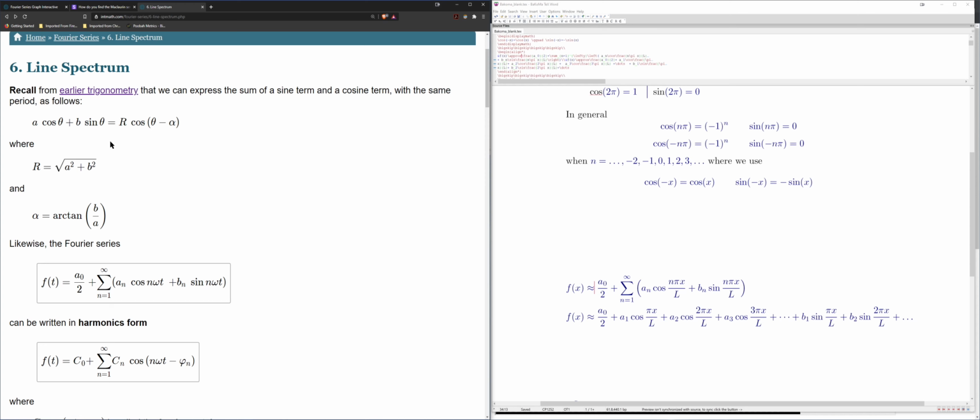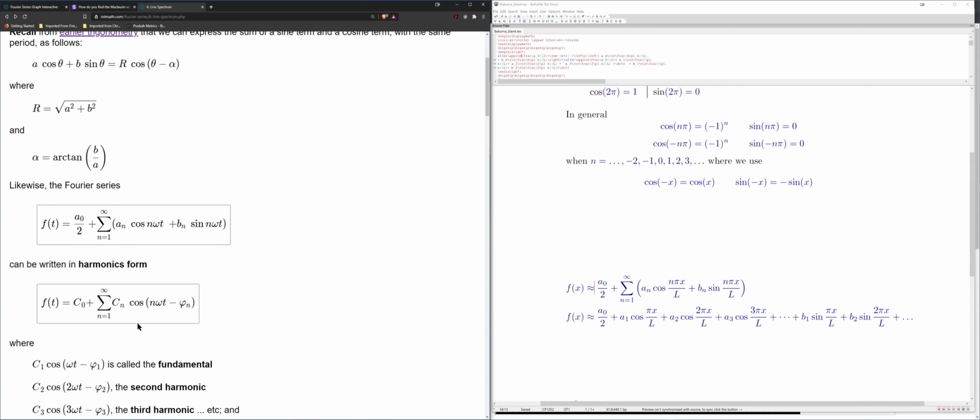So you're probably familiar with this, that if I have a cos theta plus b sine theta, I can write this as just cosine theta with a phase shift and some magnitude, and the magnitude is equal to the square root of a squared plus b squared, right? Okay, so this trig identity allows me to write this Fourier series in what's called harmonic form, right?